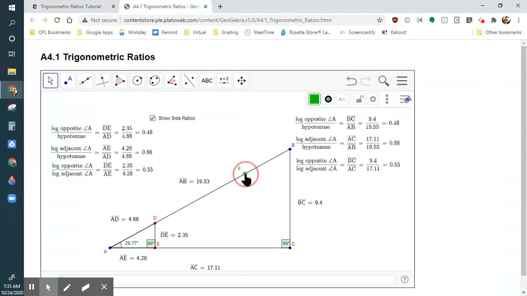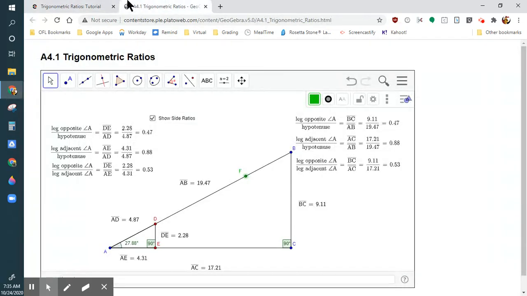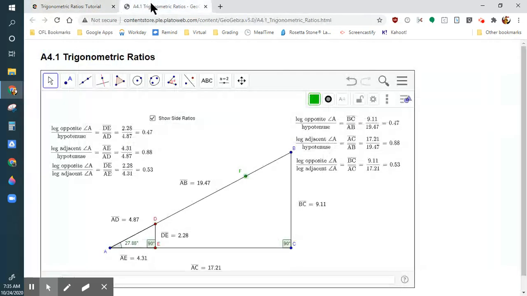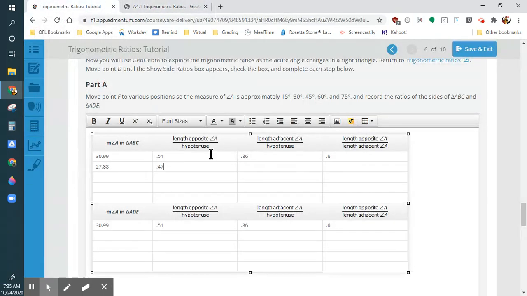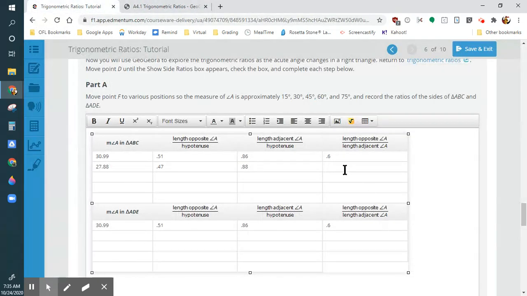I'm going to move this a little lower. Then 27 point. And I'm just trying to zip through this for you guys. I didn't want this video that long since it didn't have that many slides. 0.47. 0.88. And the last one is 0.53.